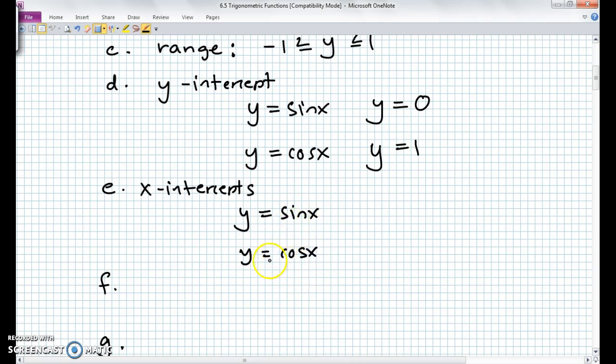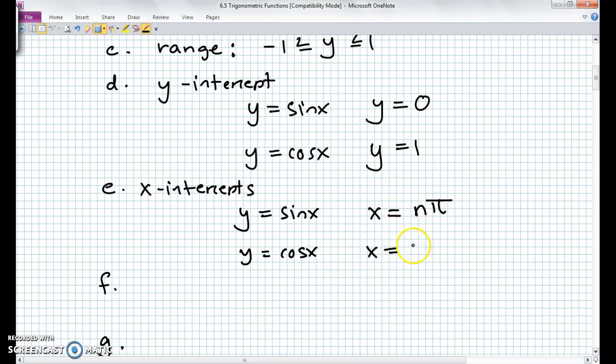And we just wrote down the general equation for the x-intercepts. Who can remember the general equation for the x-intercepts for sine x? N pi, remember? And for cos x, then what is it, Demetria?